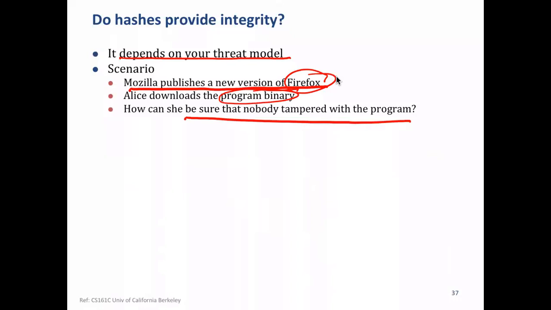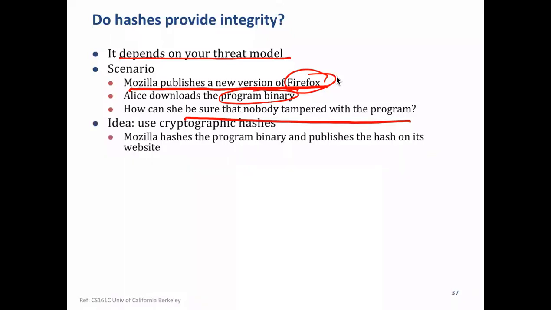Suppose there is a website looking very similar to Mozilla's website or Firefox website, and you downloaded that software. How do you know that it is genuine software? So what we can do is use cryptographic hashes.